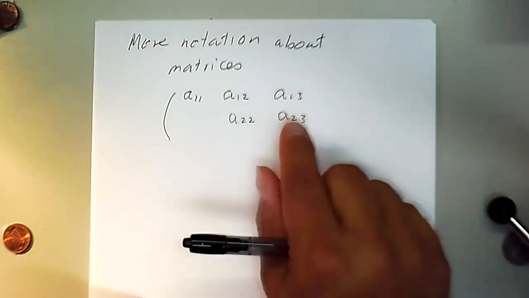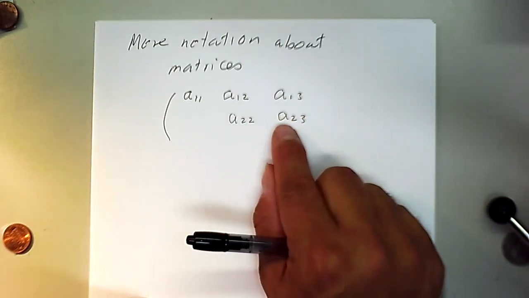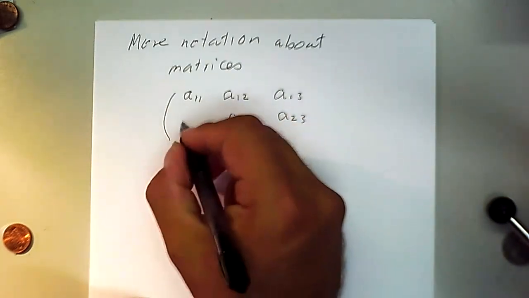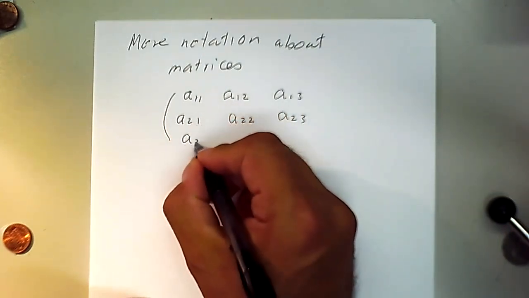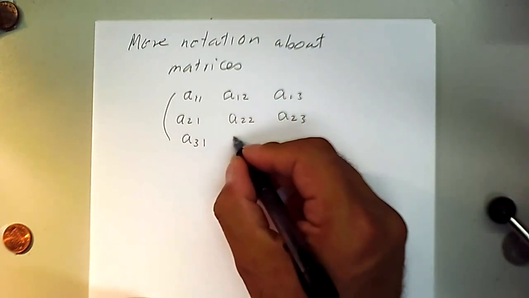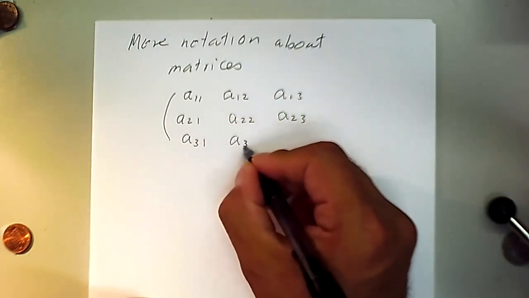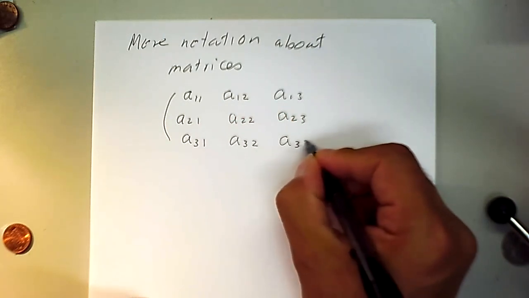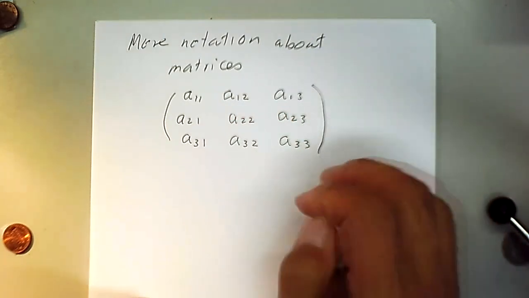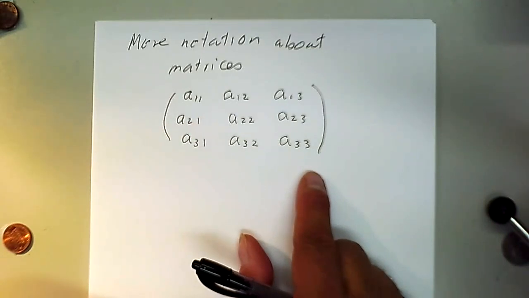I don't know if I mentioned this correctly. Second row, first column. Third row, first column. Third row, second column. Third row, third column. So this is the standard way of denoting the elements of a matrix.